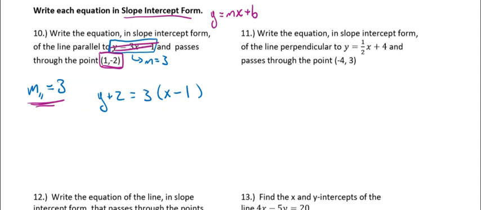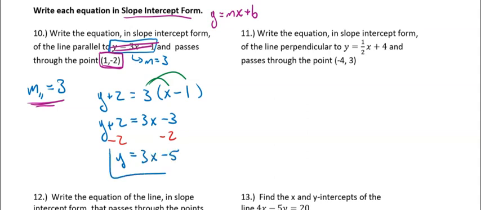So to put this in slope-intercept form, I'm going to distribute this 3, and then I'm going to subtract that 2 from each side. And there it is, slope-intercept form, y equals mx plus b.